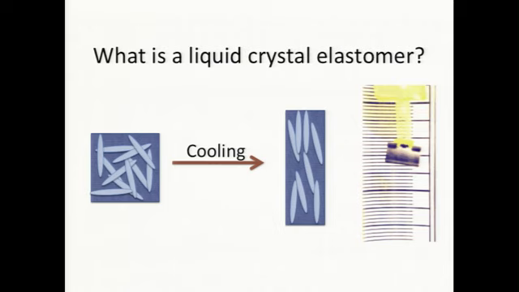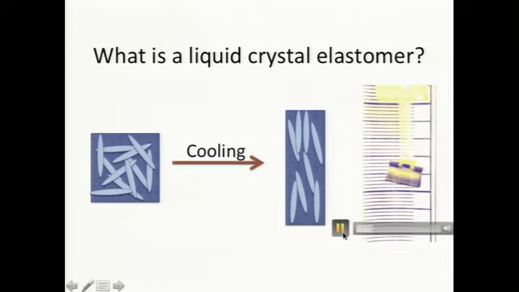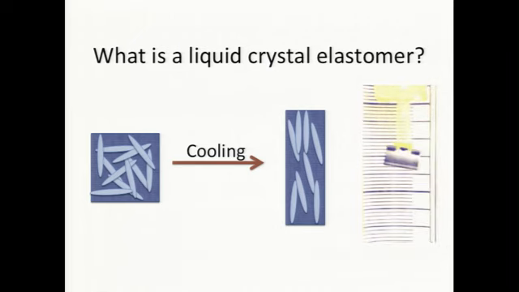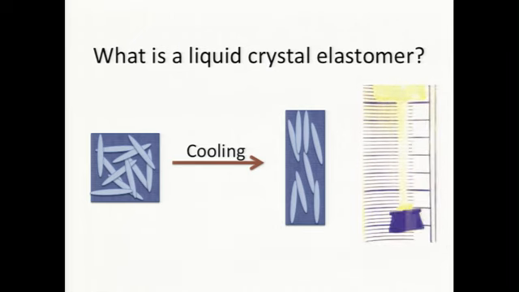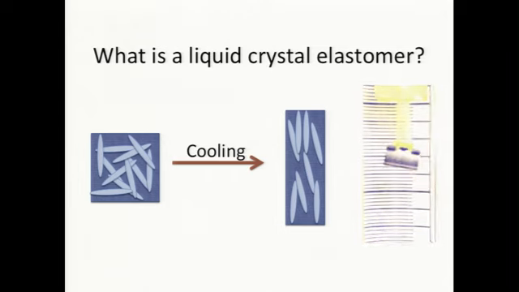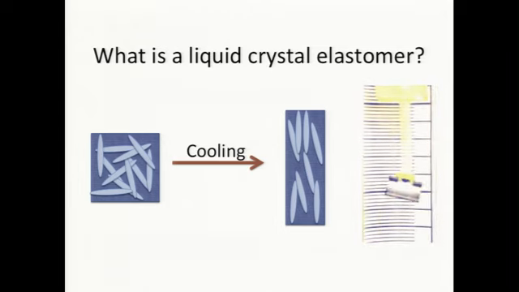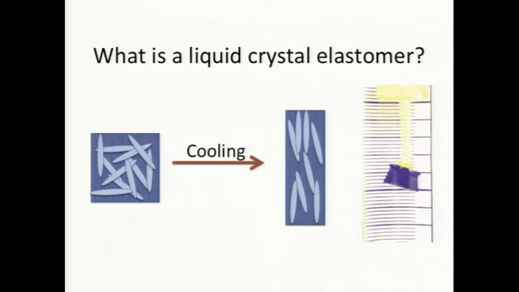There's a picture here, which I have stolen from Eugene Terentjev's website. So this is hot, and then cold, and then hot again, and then cold again. When you cool to the nematic phase, you get an alignment of the liquid crystal rods, and this is coupled with a really large spontaneous distortion.